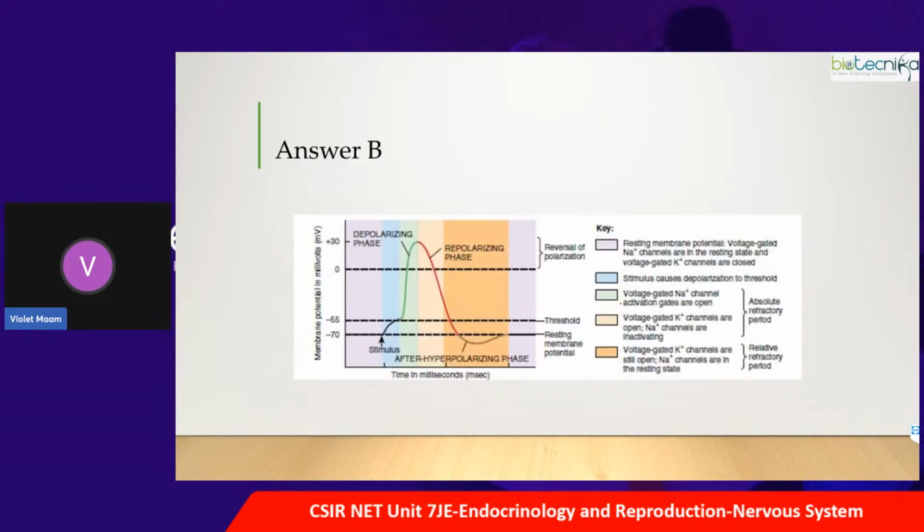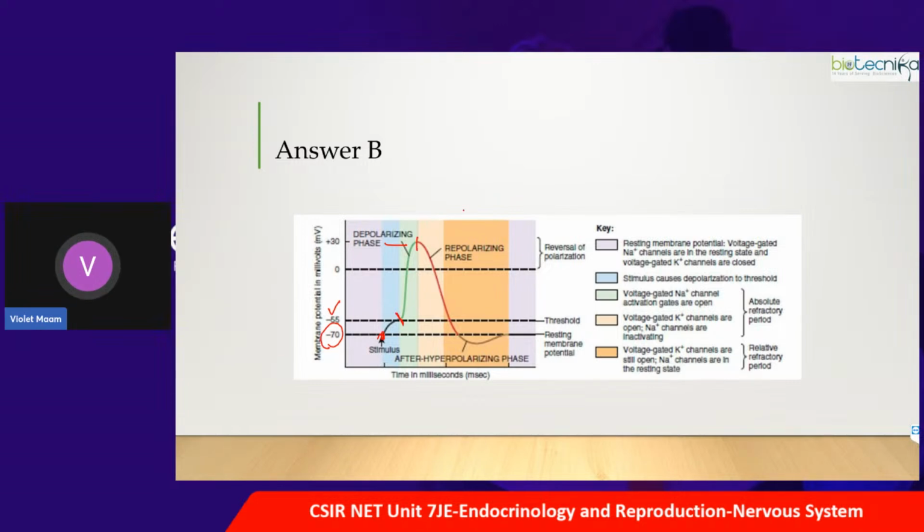This figure is about the different phases. You can see the neurons have a resting membrane potential of minus 70 millivolt. Whenever a stimulus comes, there will be a change in membrane potential. It will depolarize and reach a threshold of around minus 55. At that time, the action potential will be generated. Initially it is a depolarizing phase.